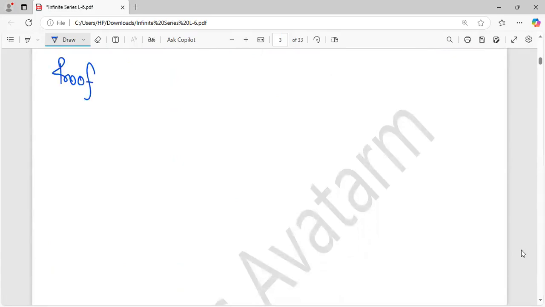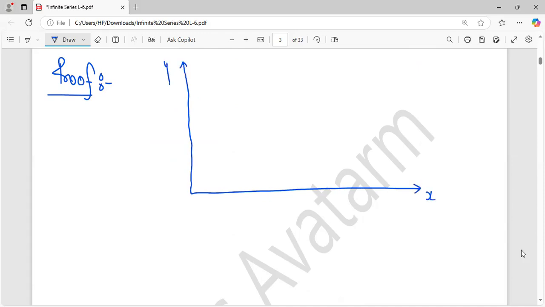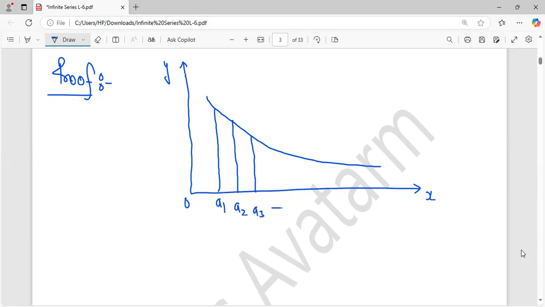Proof. Suppose I have this. This is the x-axis, this is the y-axis, and this is my function, a monotonically decreasing, non-negative function. So this is my a1 term and this is my a2 term, like that. This is a3 and so on.